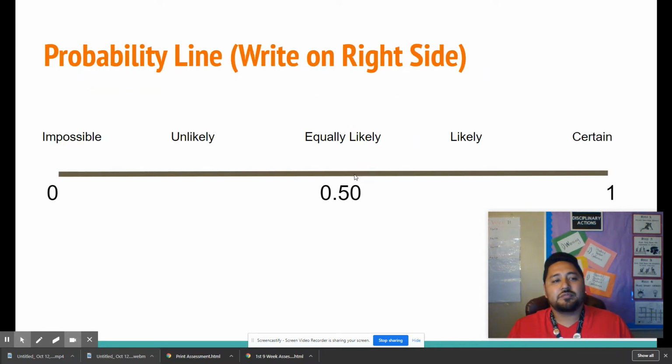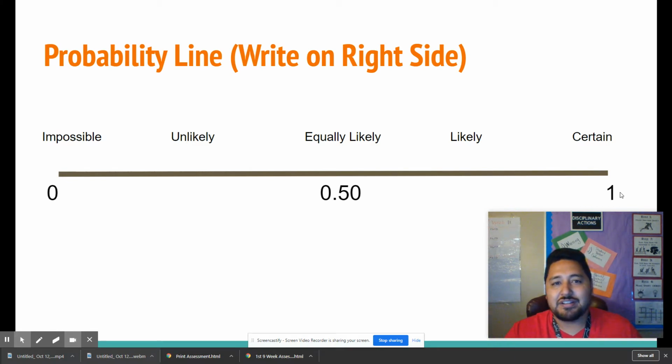So you would write this in your notes, and this is what is called our probability line. Now, probabilities can be expressed as fractions and percents and decimals. And if we look at this probability line, you'll see that it's between 0 and 1. That's because all possibilities lie in between these two numbers.